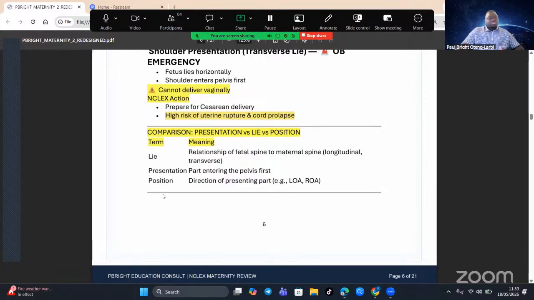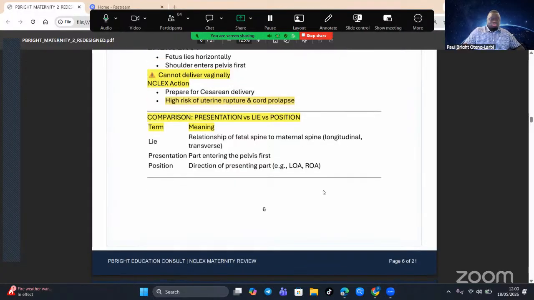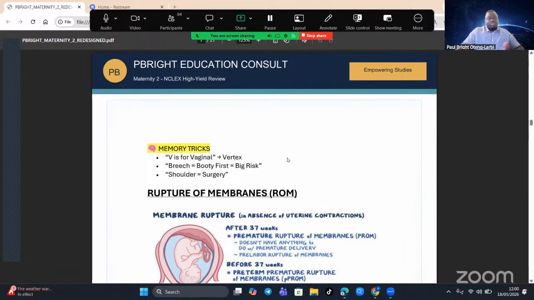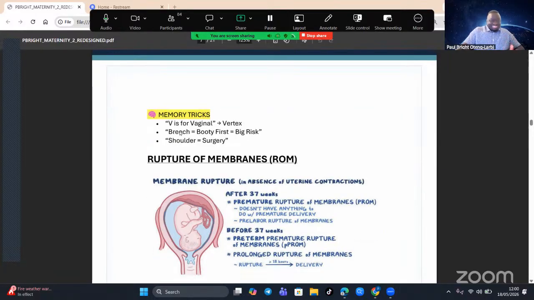Okay, so the position, especially with the head: we have the right occipital anterior, the left occipital anterior, whatever. All these ones you should know. So memory tricks: vertex, the back of the head, is V for vagina.